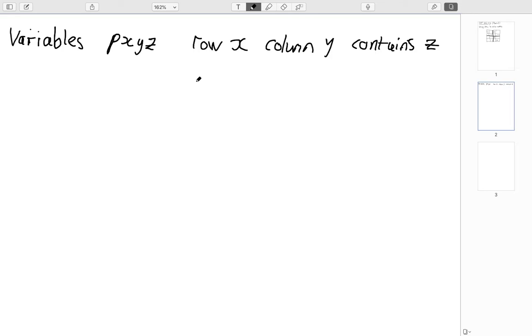So we have propositional variables P, X, Y, Z for every possibility for X, Y, and Z. Each of those can be any number from the set 1, 2, 3, and 4.